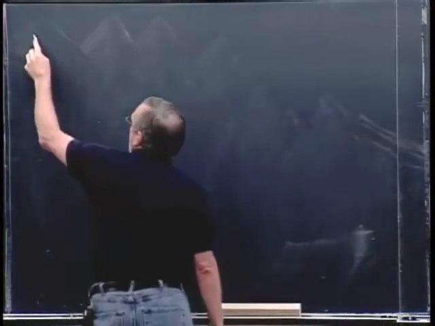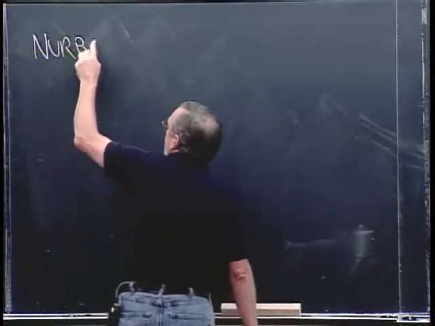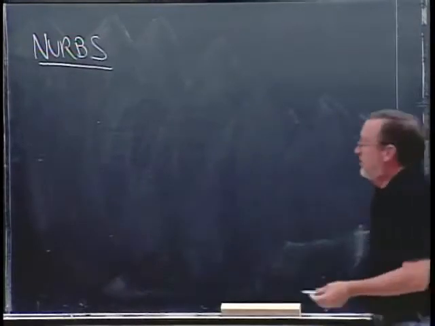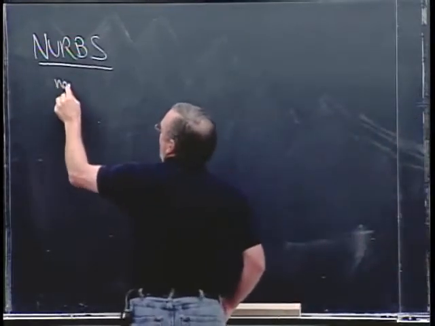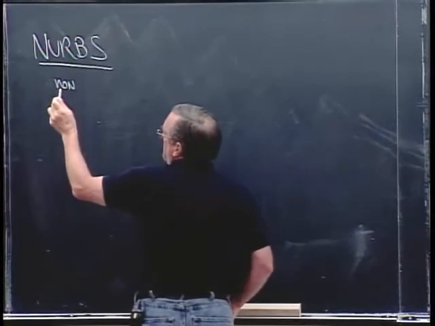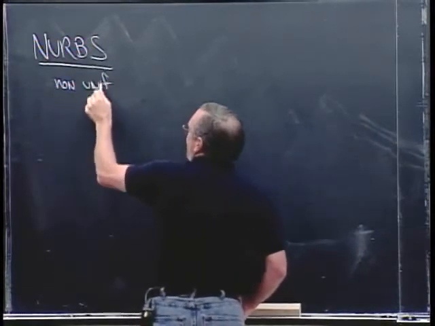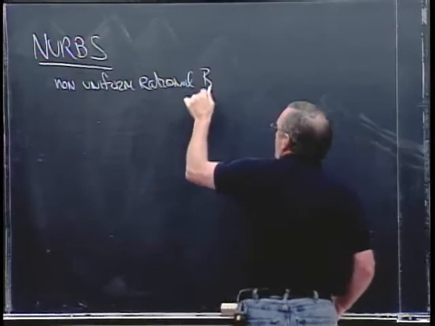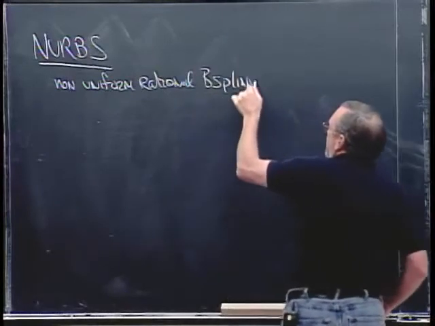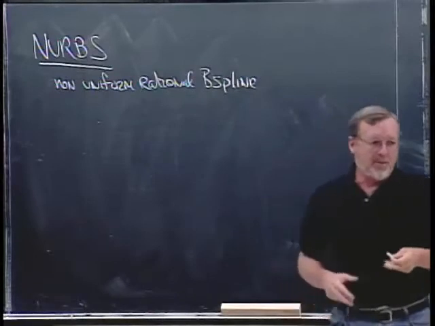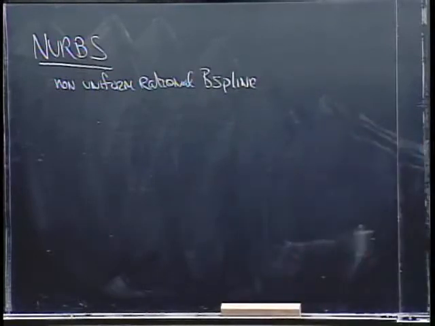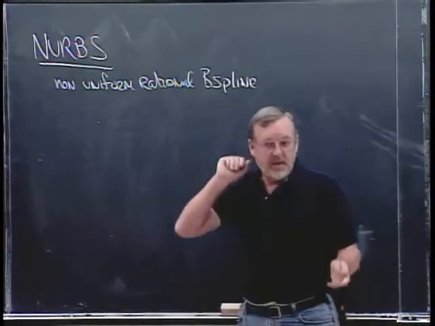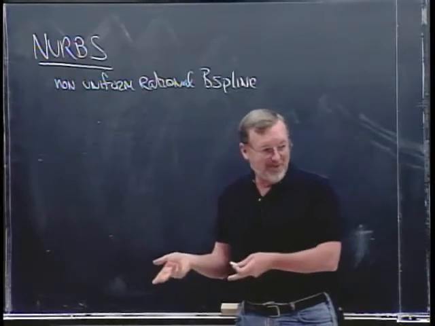And there's something out there called NURBS, which stands for non-uniform rational B-splines. And these things are basically Bezier curves already pieced together for you.